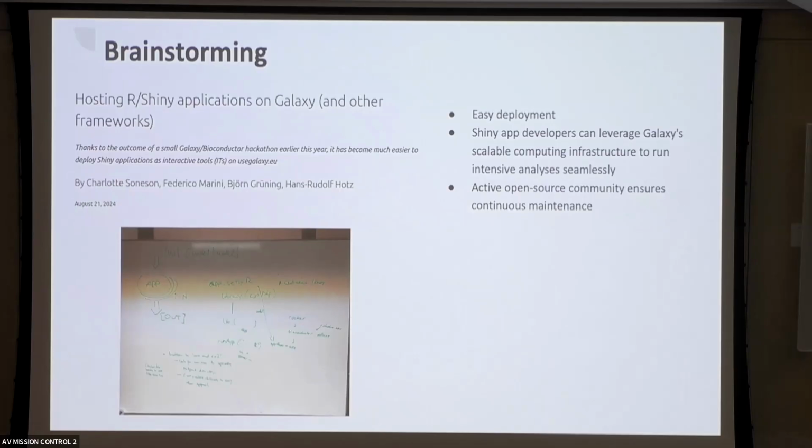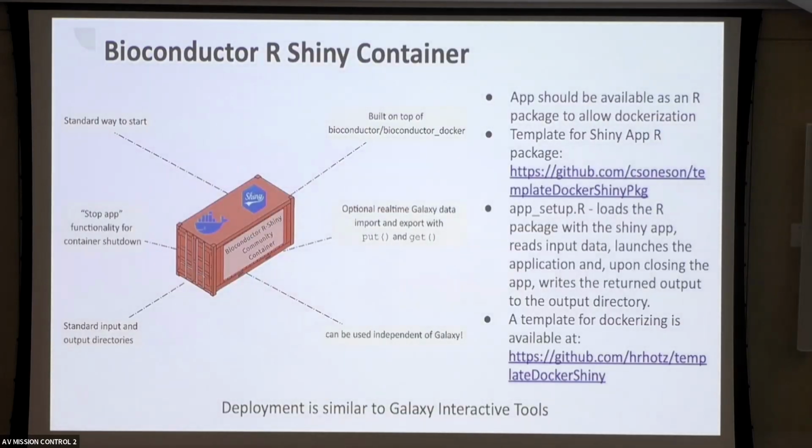And after a few weeks or months, they came up with the so-called Bioconductor R Shiny container, which follows some best practices to build our Shiny application, as well as how to build a container for these Shiny applications. It's built on top of the Bioconductor Docker image. It has a standard way to start.